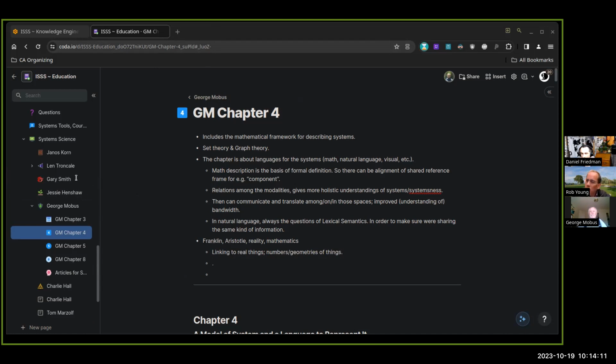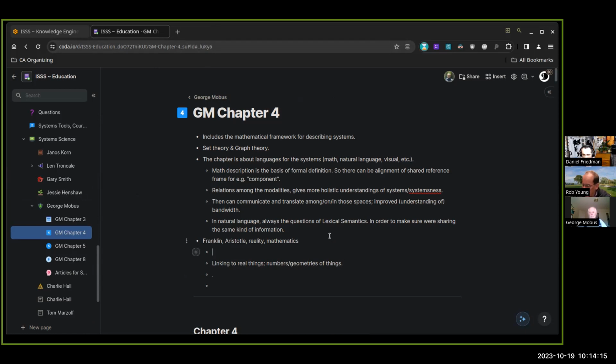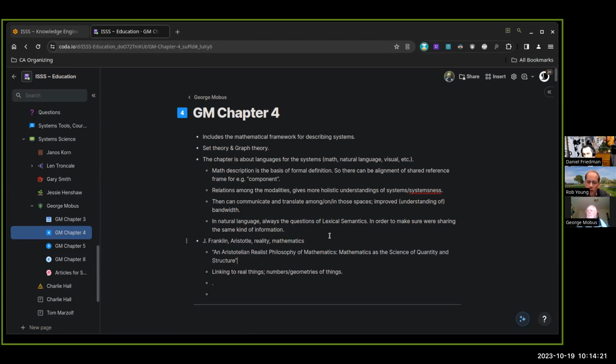So my question really was, in your book, George, on chapter 4 on languaging, that I've been trying to tussle with, so I wanted to pass it by you, was how the neural brain, Franklin talks about units, can't remember his phrase now, self-identifying units out there, which we say that's one thing, there's another thing, there's another thing.